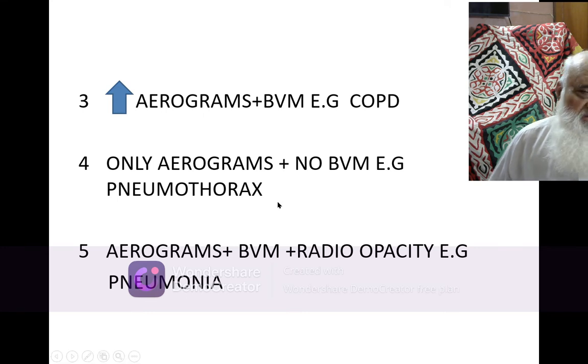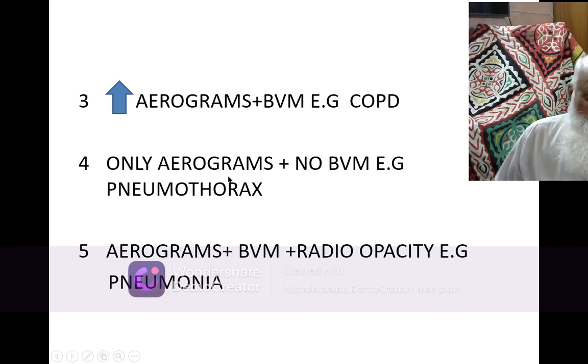Thirdly, there are more aerograms in proportion to the bronchovascular markings. For example, COPD, generally speaking, because this is a big topic: aerograms are more visible than BVM. Fourth condition: only aerograms, no bronchovascular marking at all.